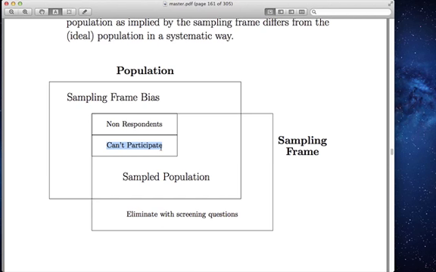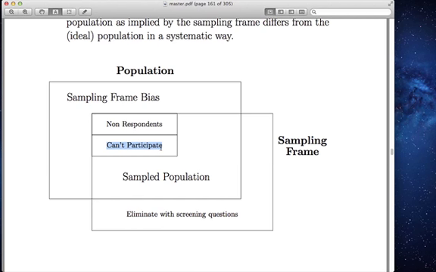But my interviewer doesn't speak her language. Well, then I can't get data from her, and we've omitted her. If I send out a mail or internet survey, there could be people who can't read, and therefore they can't participate.